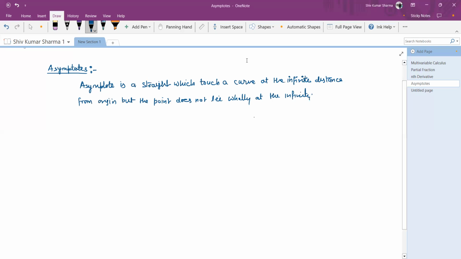Suppose we have an x-axis, this is the origin, and this is the y-axis. We draw a curve, that means we take a parabola whose center is the origin, and we take a straight line.